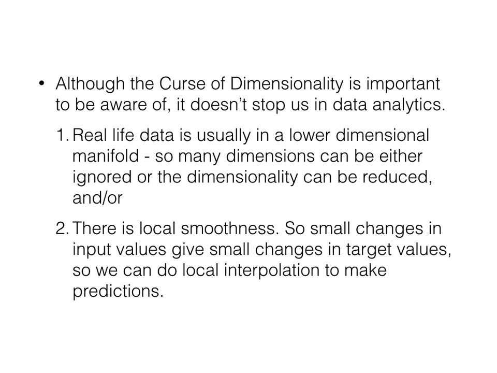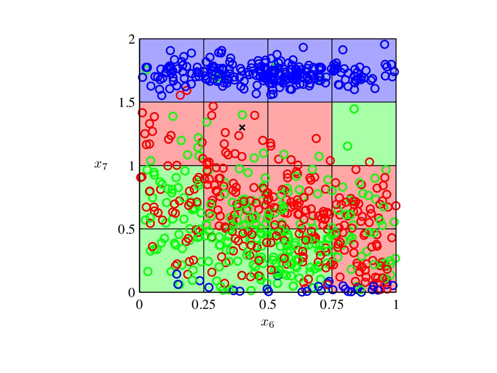And the other thing is that there's usually local smoothness. So if we have small changes in input values, you get small changes in the target values that we're trying to predict. So we can do local interpolation. If we go back to this picture here, you can see, say for example, in the blue squares at the top, if we move a little bit in one direction, it still remained blue.